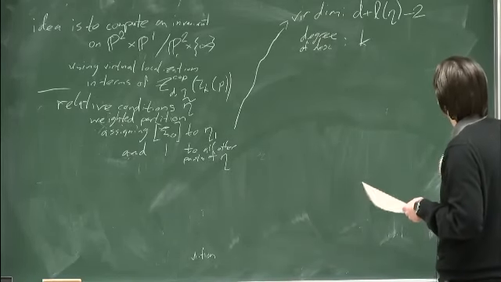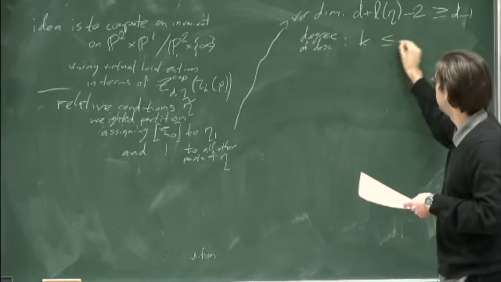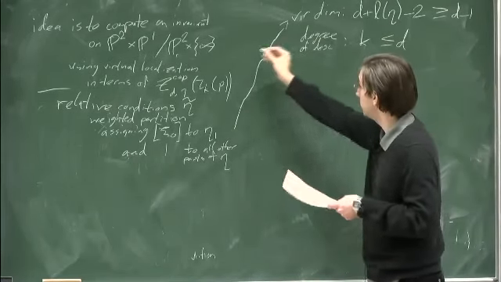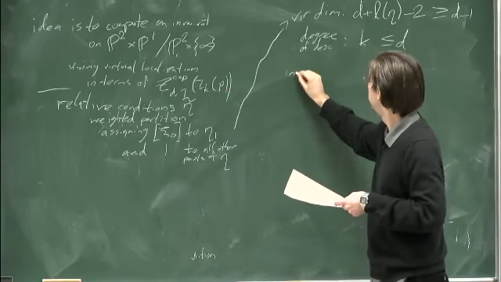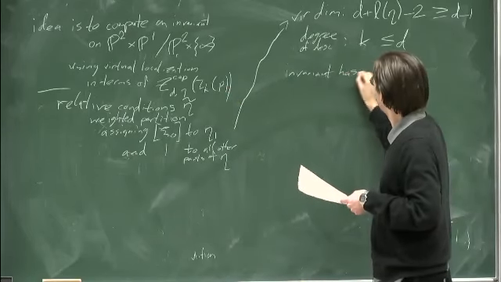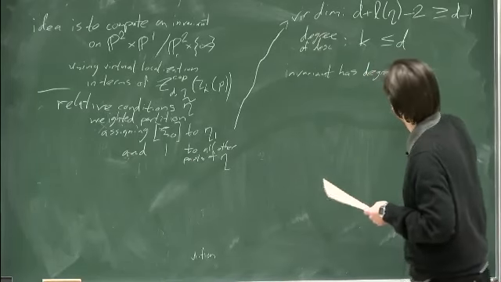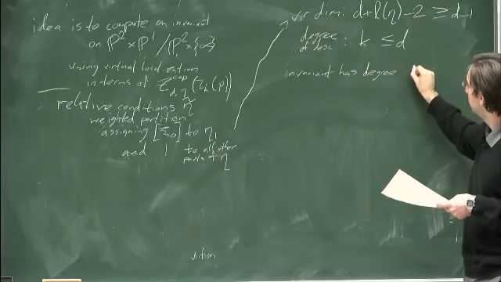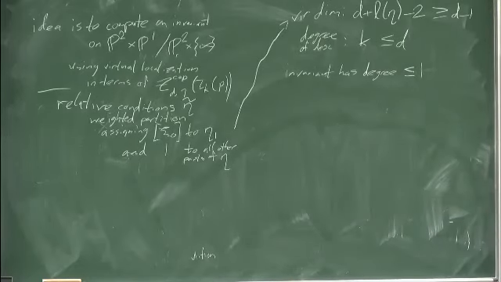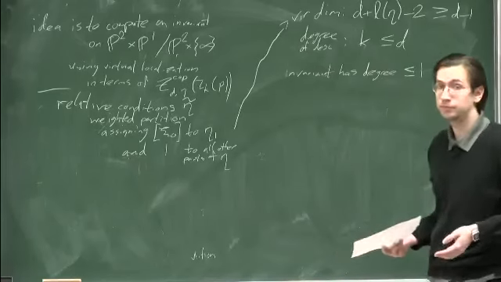So, this is always greater than or equal to d minus 1. This is less than or equal to d. And so this means that this invariant we're doing here ends up having degree less than or equal to 1. I mean degree in S1, S2, and S3. We have a full torus action here.